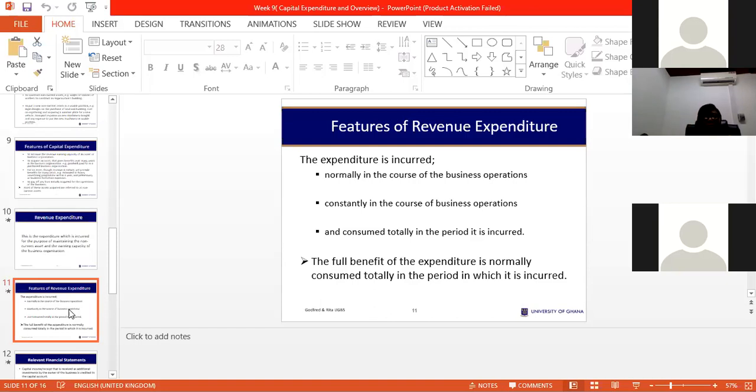These are expenditures incurred in the normal course of business, and it is consumed in the period in which it is incurred. Remember the matching concept: you must match revenue to cost or expense. Once you earn revenue income, you must also match its related expenditure. So that is what we must take note of.